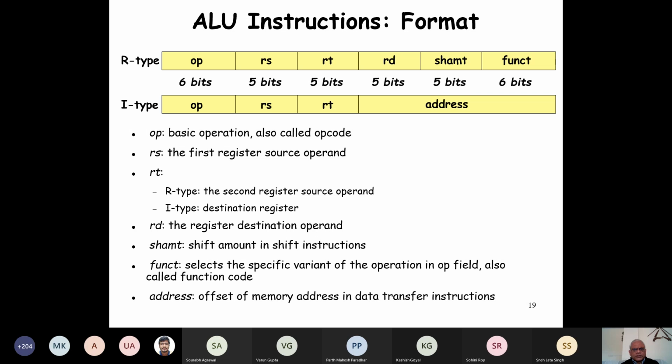The immediate instruction, one of the operands is the immediate value here, and the destination will be stored in RD here, and the source, and this is the immediate instruction. So RT is the destination register for I type. We have written here I type, RT is the destination register.